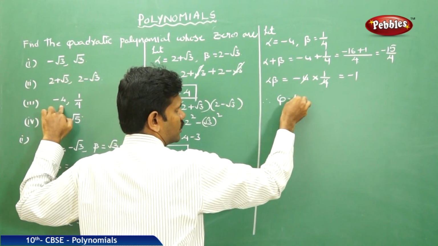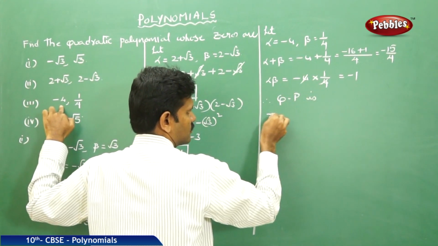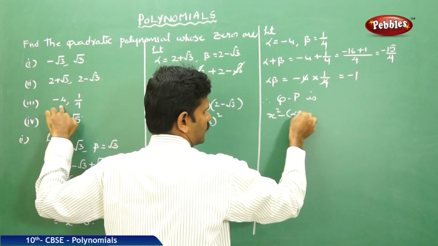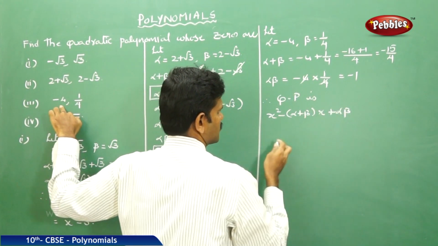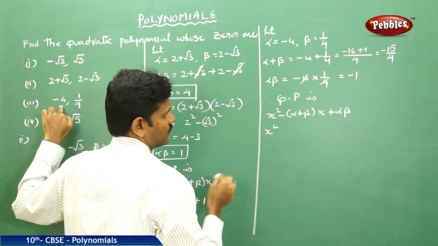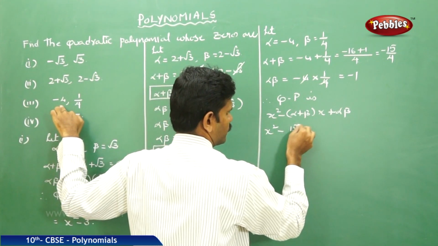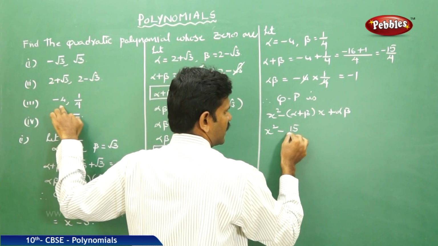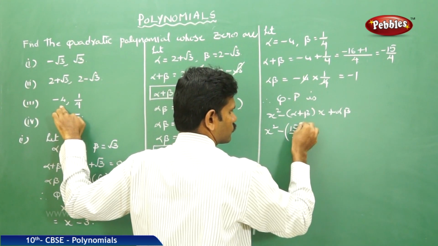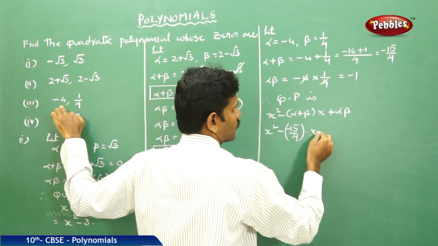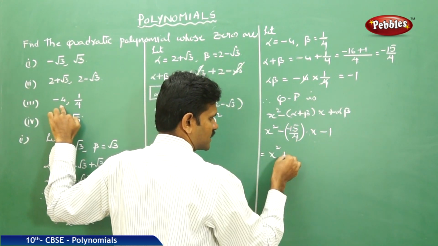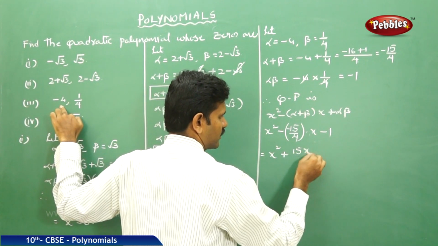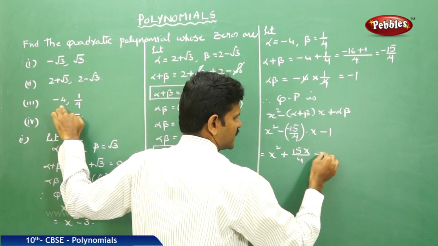Therefore, the quadratic polynomial is x square minus (alpha plus beta) into x plus alpha beta, which is nothing but x square minus 15 by 4 into x minus 1, that is equal to x square plus 15x by 4 minus 1.